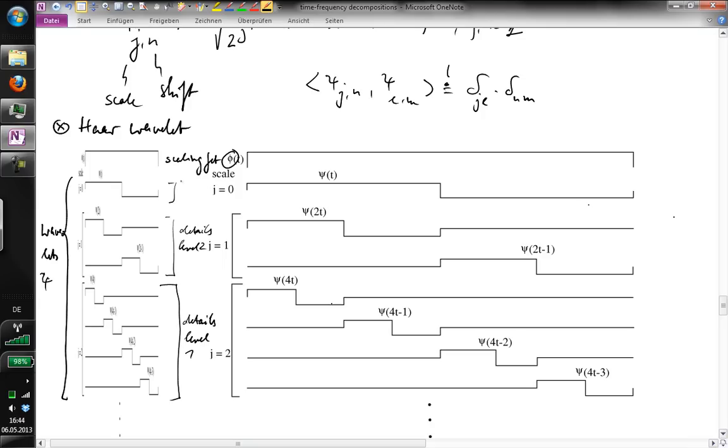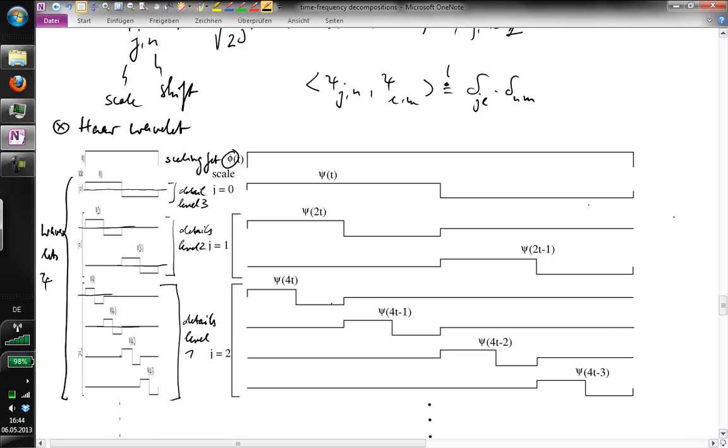And this is the detail at level 3. And on the top is the scaling function, the low-pass filter, which again is qualitatively different because these wavelets always have 0 average, so they have no DC term, whereas the scaling function has a DC term.